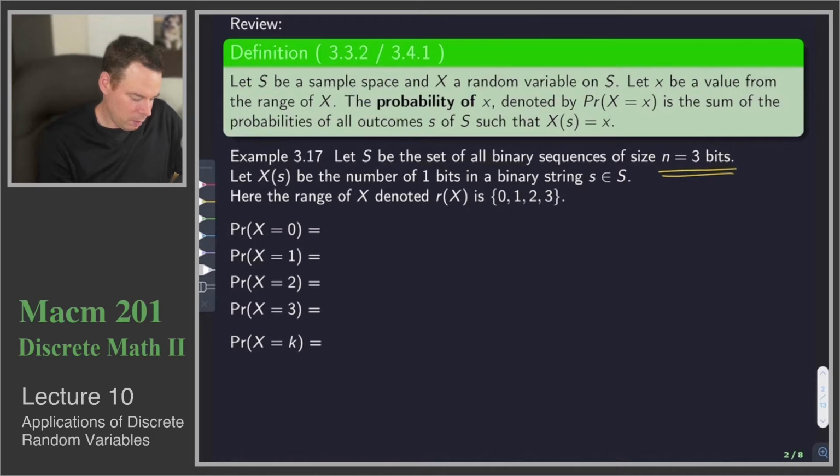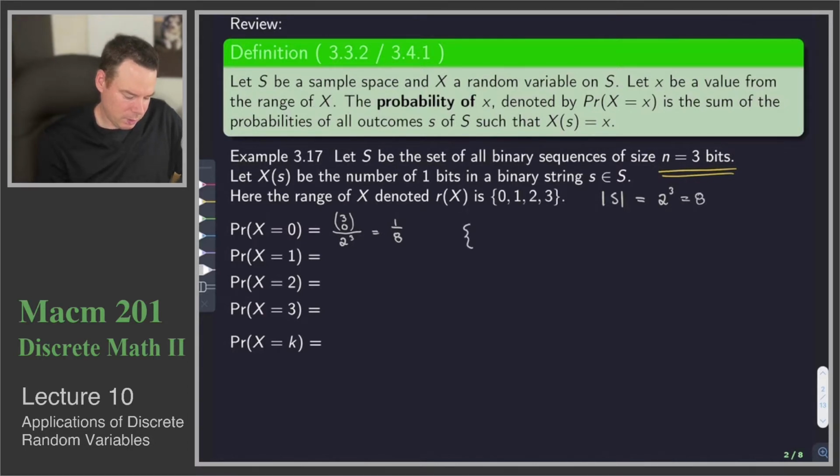Well, the number of sequences that have no ones, we know how to count that. That's 3 choose 0, and that is going to be divided by the size of the sample space, which is 2 to the 3. So we have our answer of 1/8. If you think about what ingredients we needed there, we needed to know the size of our sample space. That was 2 to the 3, or 8. We also needed to know our event space.